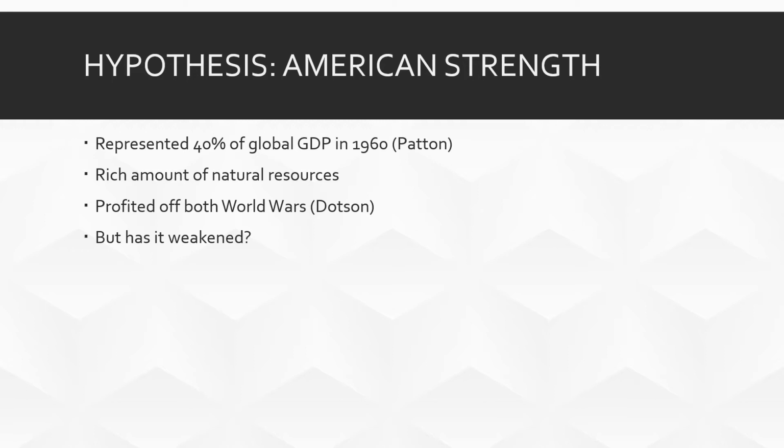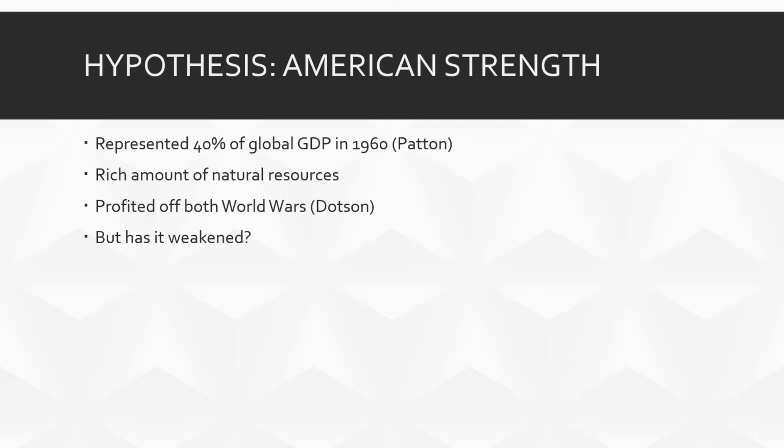So in 1960, America represented 40% of the global GDP. America is rich in the amount of natural resources it has, including coal, lumber, and other natural resources.